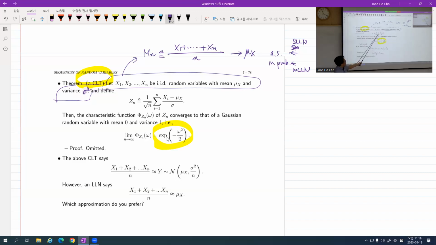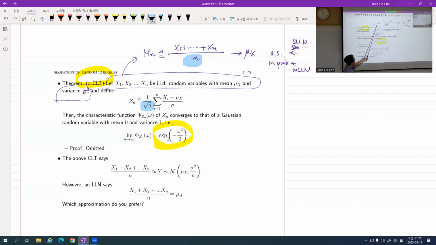Then you add up. So this part, the numerator, is similar to this summation, except that you subtracted the mean. Now, here goes the most important difference. Here you divide the sum by n. Here you divide the sum by square root of n. Now what happens?